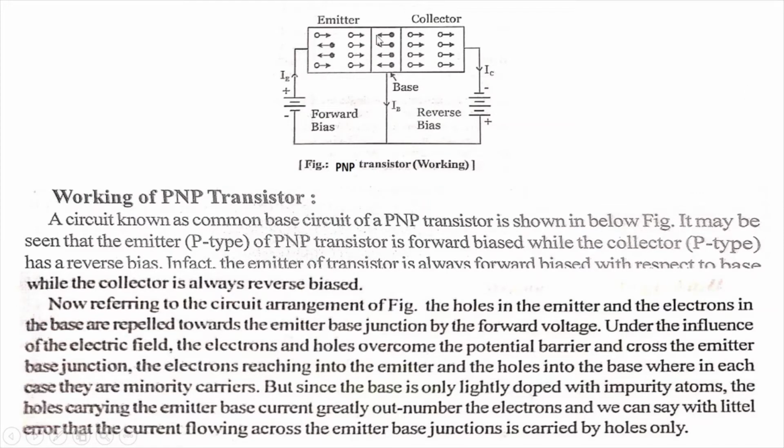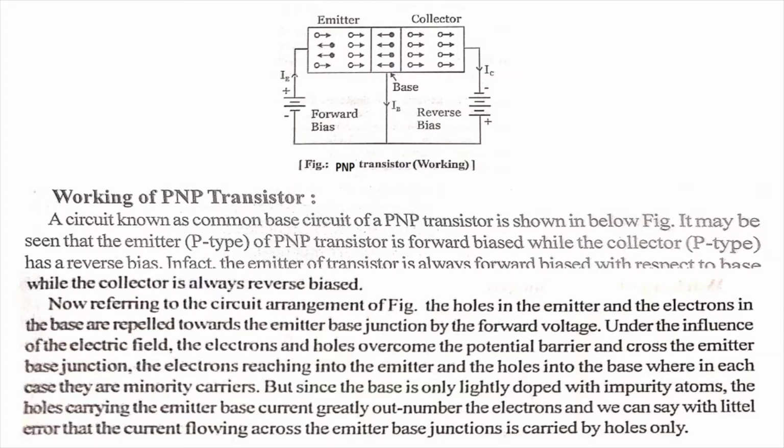Holes from this emitter move towards the base region, so there constitutes the emitter current. In forward biasing, the holes come from this region and go to the base, and there constitutes the emitter current.